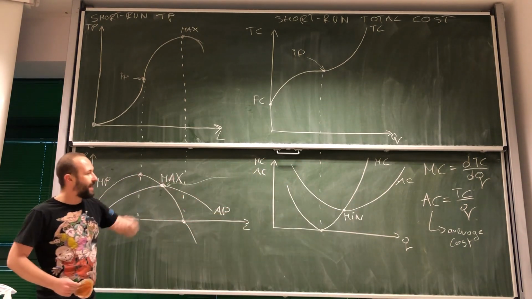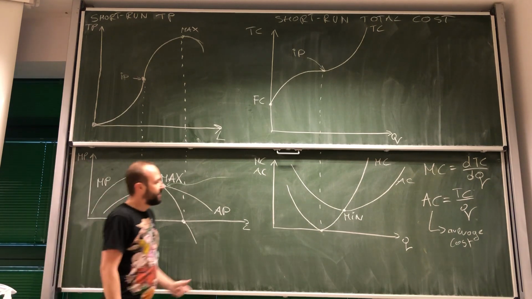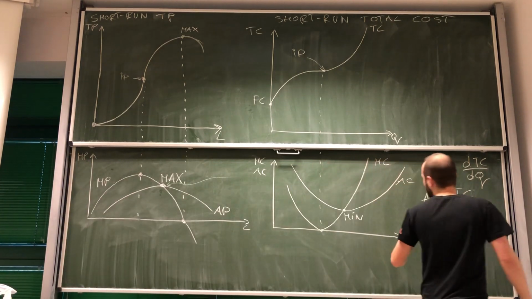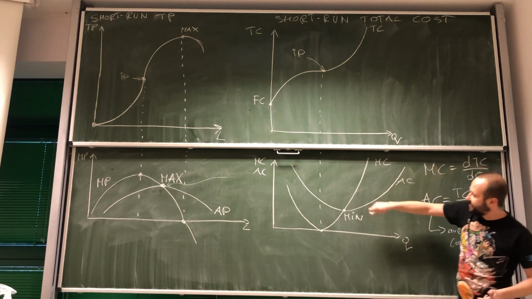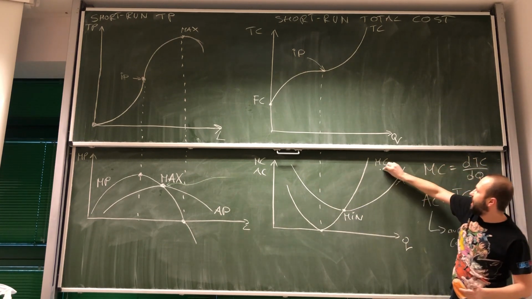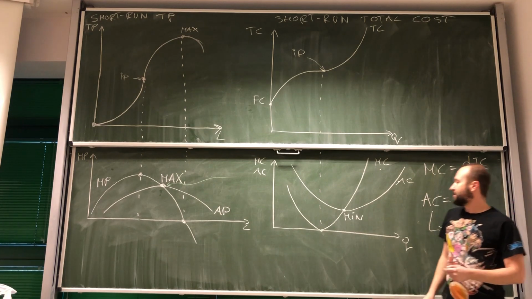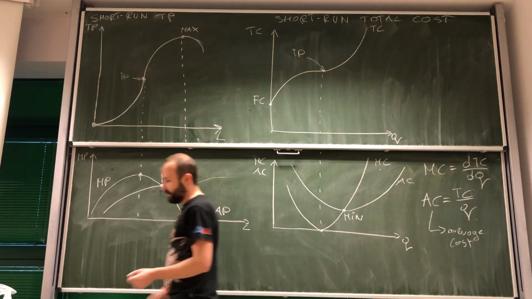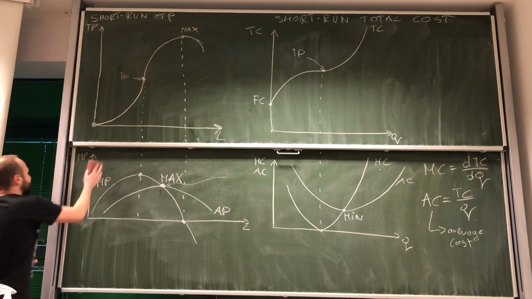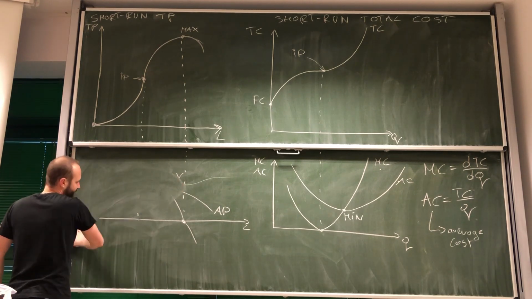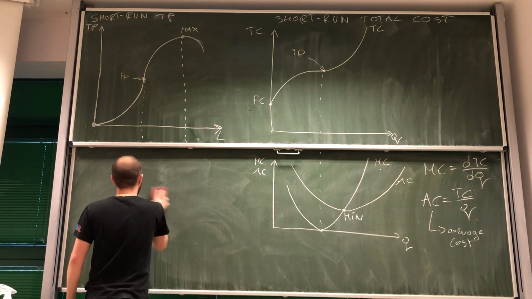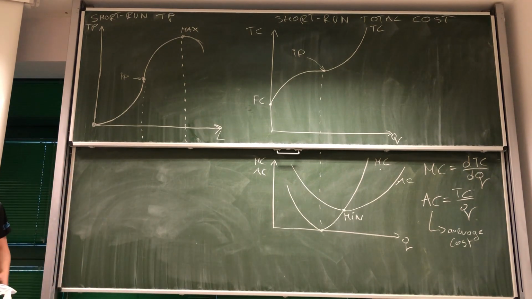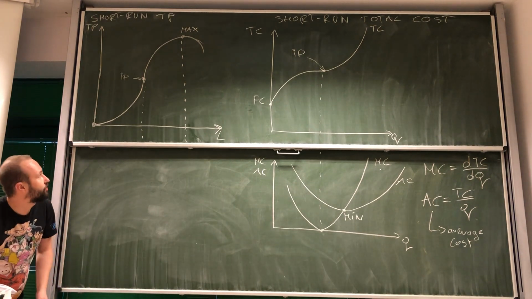Now, but why is it that average cost is getting the lowest value at a point when marginal cost intercepts with it? And look, again, I can just simply prove it to you using first order condition, just like we did with total product.